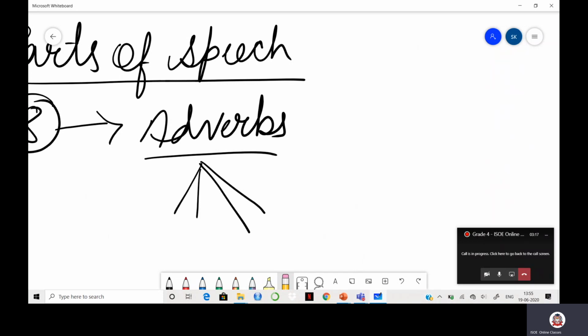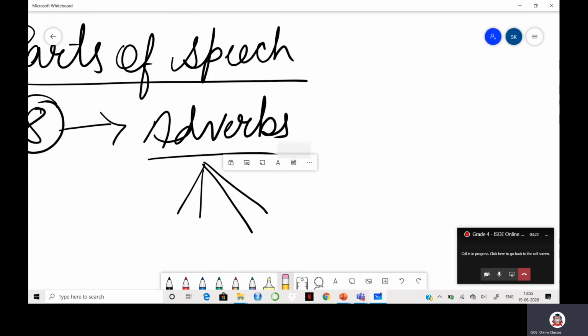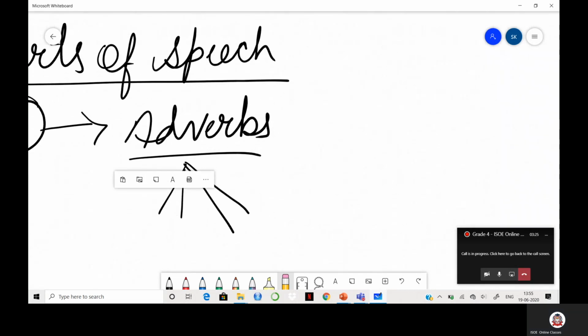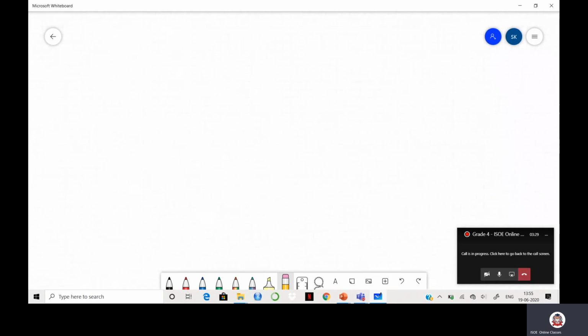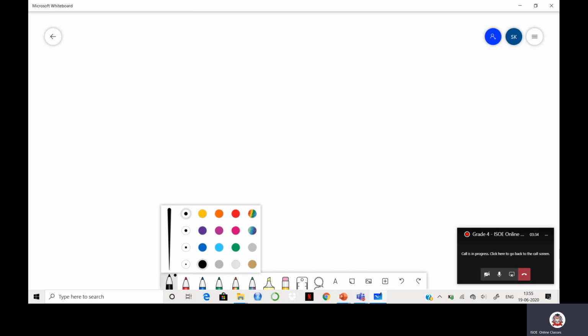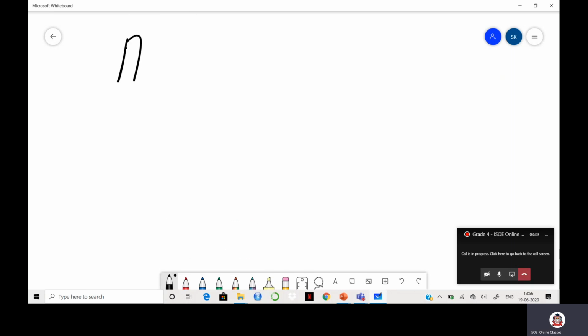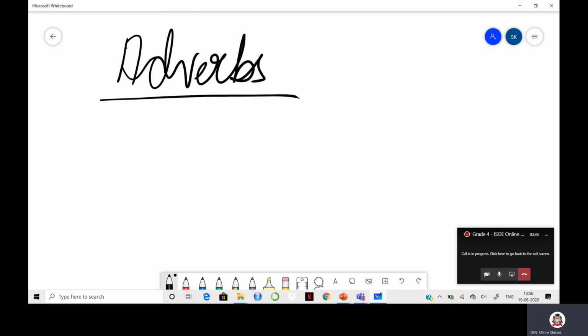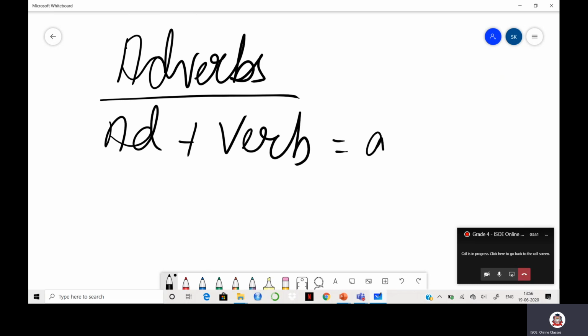Now children, I already told you how these adverbs have come. A very simple way to remember is that something is added to the verb that gives you adverbs.